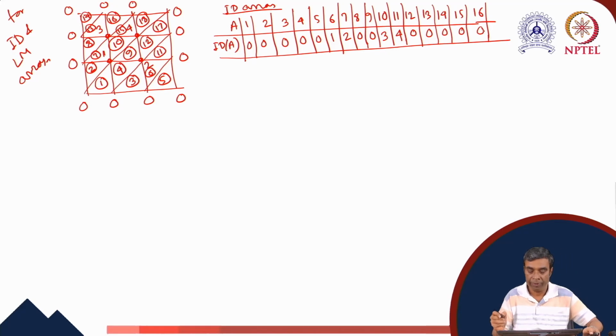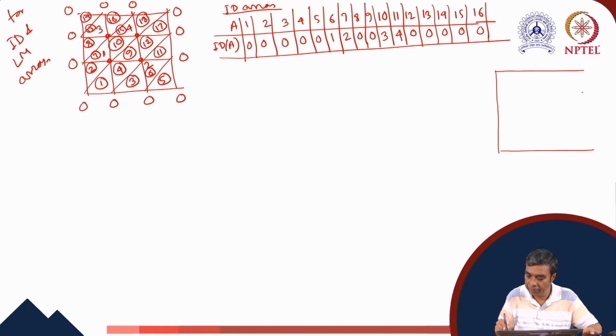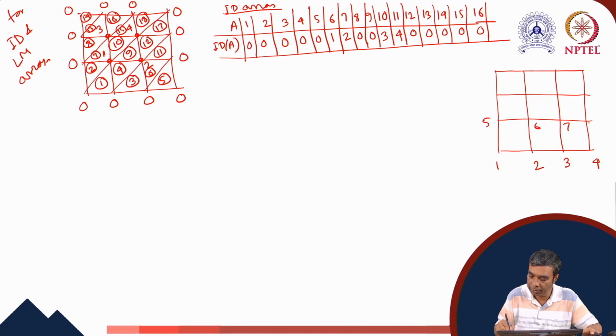For ease of understanding we identify the global node numbers here once more, so we redraw this picture. Here we show the global node numbers: 1, 2, 3, 4, 5, 6, 7, 8, 9, 10, 11, 12, 13, 14, 15 and 16.